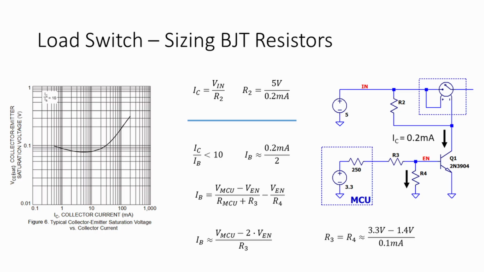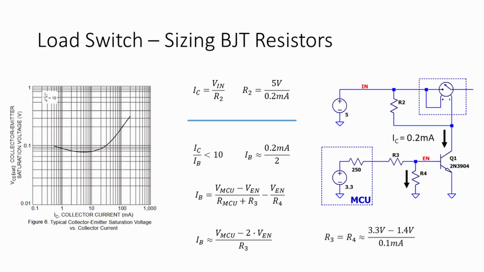The design equation setup is shown here using the fact that microcontroller drive is at 3.3 volts and the enable voltage is 0.7. One caveat is that not all current coming out of the microcontroller pin will go to the base of the BJT. Some of it will flow through R4, so we have to subtract this from the base current.